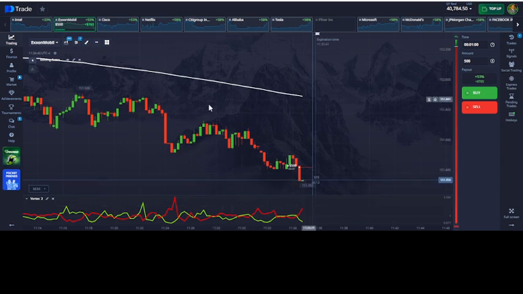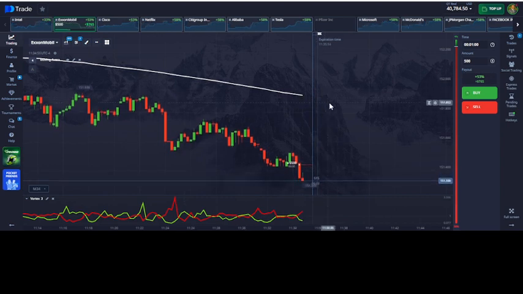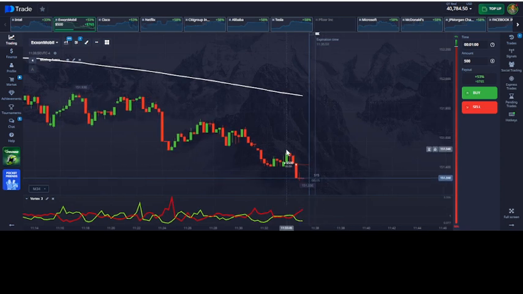In addition to that, we're seeing the 200 SMA is showing a general downward sloping line here, signifying a continued bearish trend. So I took this trade, this reversal trade from this level here.